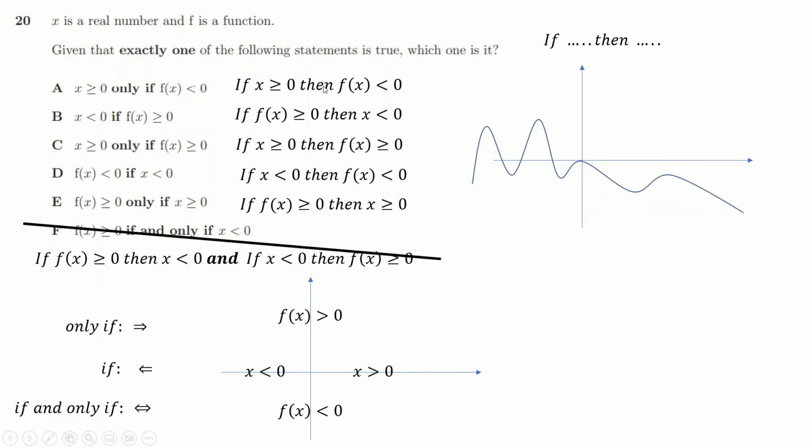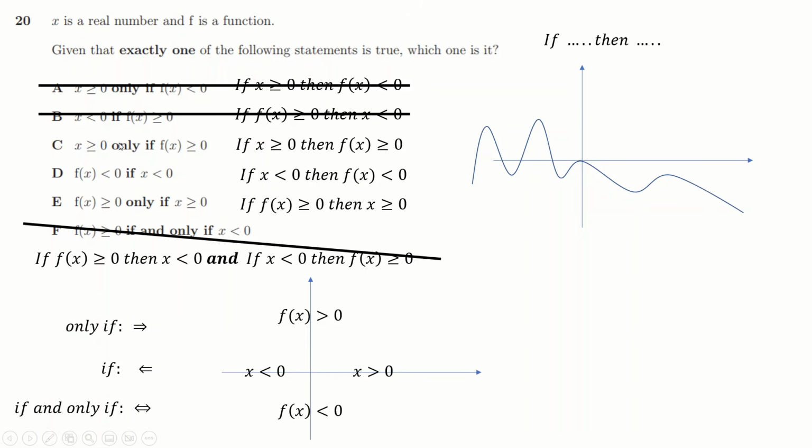So actually, A and B are implying each other. So A and B can't be the answers, because, and if you've read the logic notes really heavily, you might have heard of contrapositives and stuff. Essentially, these are actually contrapositives of each other. I don't really work with them very often because it's not anything that I teach, so I tend to just get out examples. But A and B are talking about the same graph, essentially.